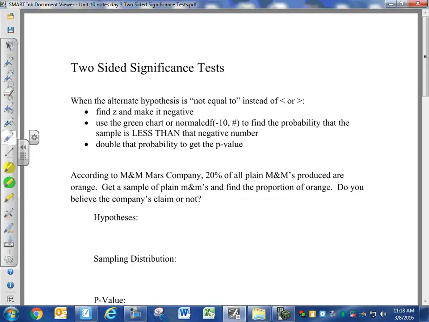Two-sided significance test. Used when you think a claim is bogus, but you don't care if it's greater than or less than.